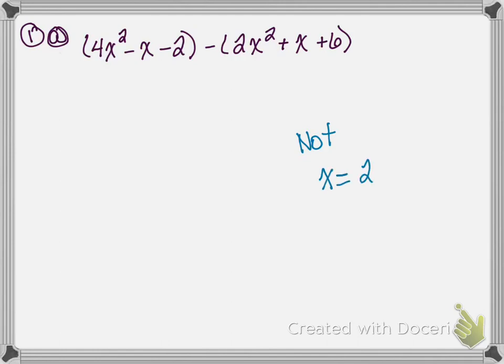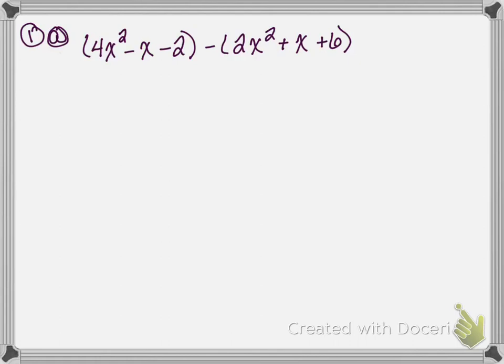You're going to have answers that have x squared in them. It may be a string of things added together, various things raised to an exponent. We are combining like terms. That's what we're doing when we're simplifying.